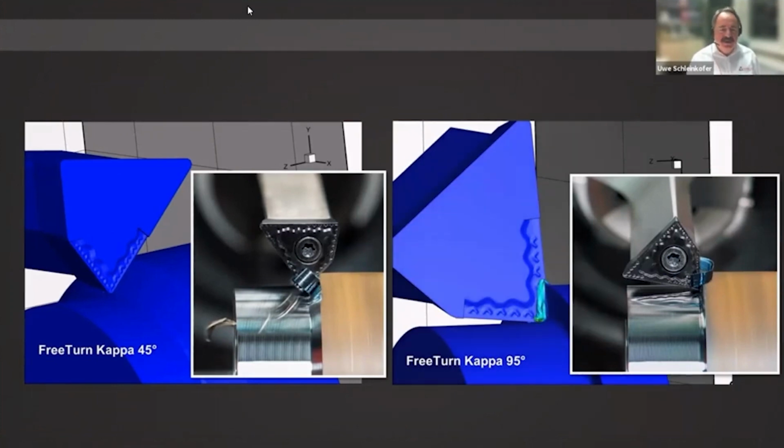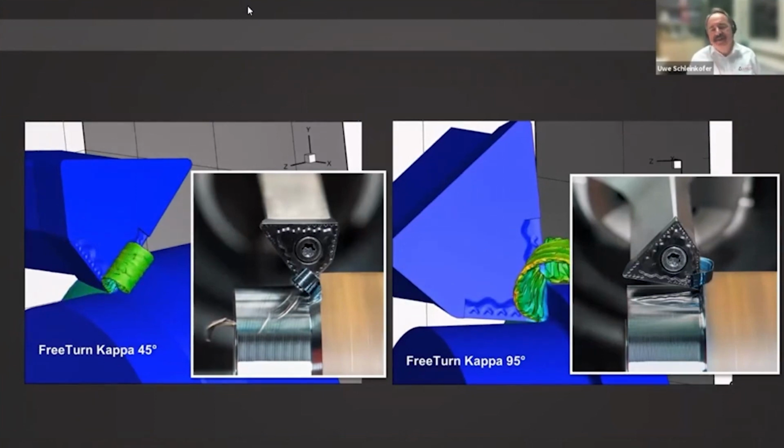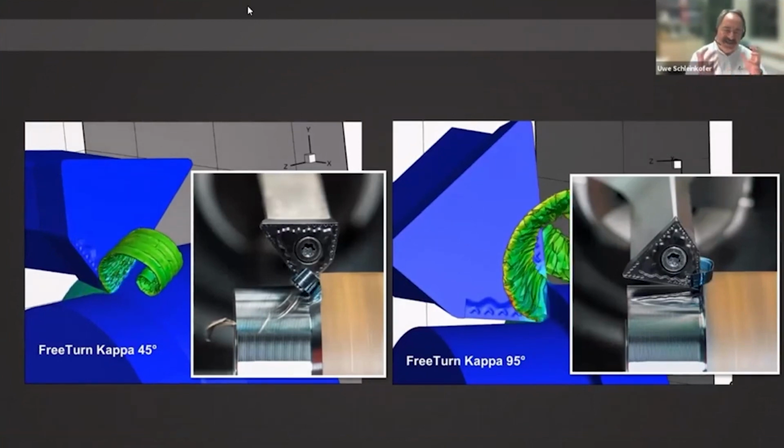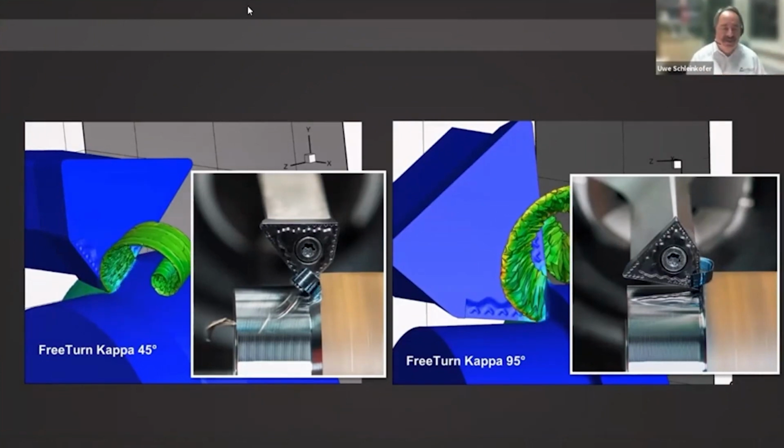And you can compare it directly, and you can compare it also with the picture, of course. And you see now when you change that dynamically, you can adjust it directly for the perfect chip formation and for the perfect chip orientation, the direction in which the chip is flowing during the application.